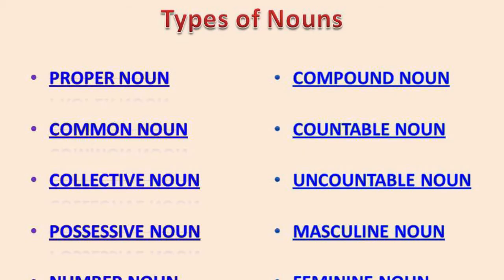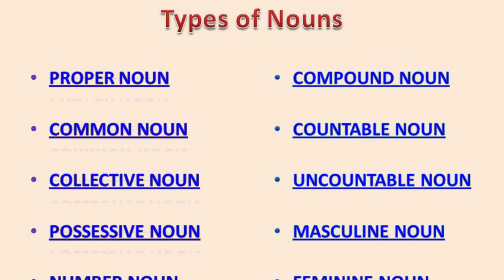Now we are going to classify these nouns into different types. So now we'll see what the different types are. You can see on the screen the different types of nouns. The first one is the proper noun, second the common noun, third the collective noun, fourth the possessive noun, fifth the number noun, sixth compound noun, seventh countable noun, eighth uncountable noun, ninth masculine noun, and tenth feminine noun.